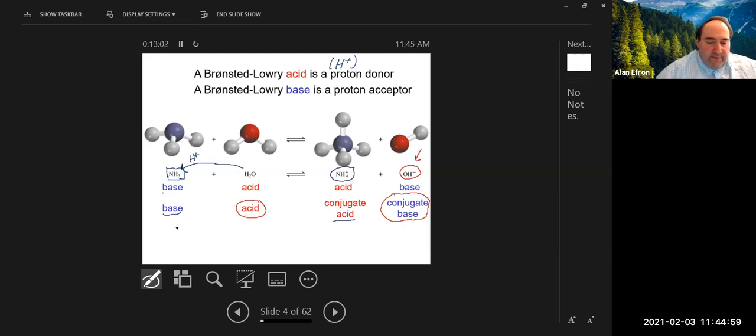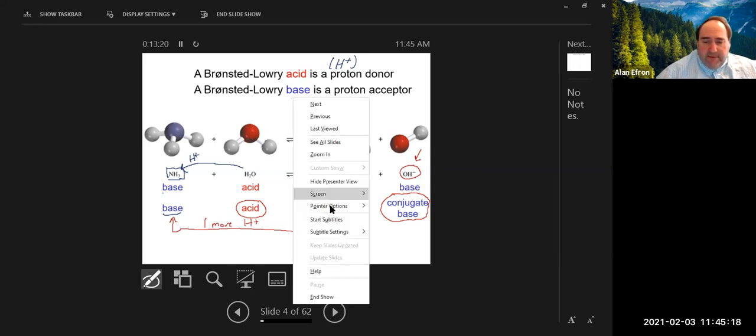So what is the relationship between these things? Well, my base on one side and my conjugate acid on the other side, the only difference is one more H plus as you go from one to the other.